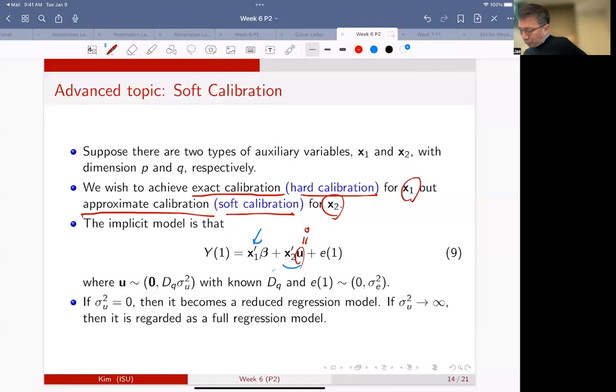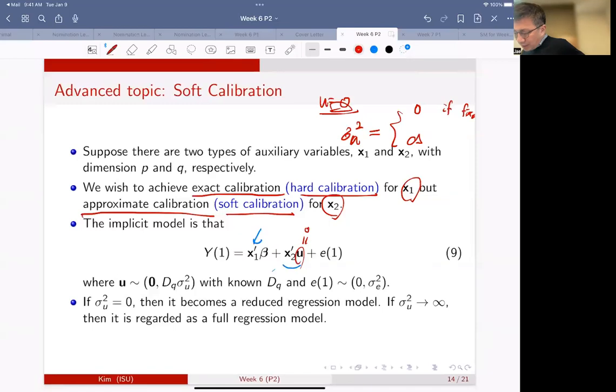So we have two extremes, depending on the variance of u, sigma u squared.